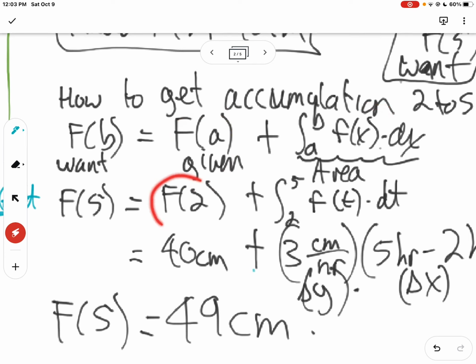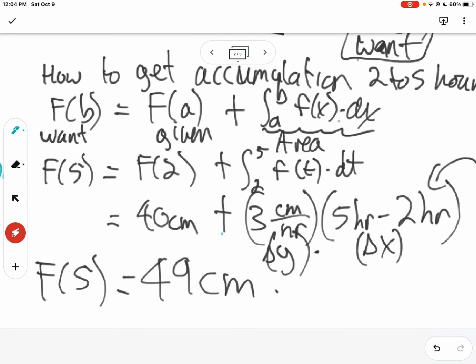What did they give me? They gave me big F at 2, 40 centimeters deep. I want to figure out the depth of the snow after 5 hours, big F at 5, which means I have to accumulate the snow from 2 to 5, right? So notice if there's a 2 here, there's a 2 here. If there's a 5 here, there's a 5 here, okay?